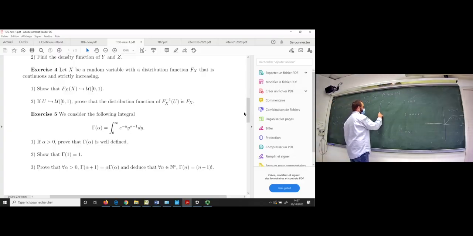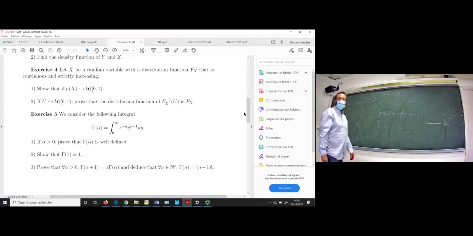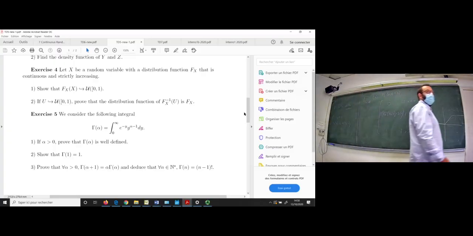So the probability I am interested in may be written as F_X minus 1 of F_X(X) less than F_X minus 1 of small x. I just apply F_X minus 1 on both sides. It's what I have done with the logarithm and the exponential.